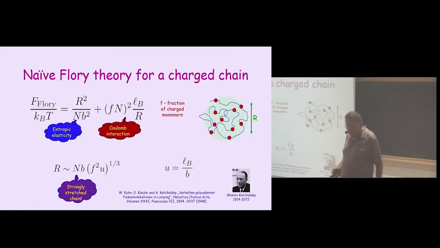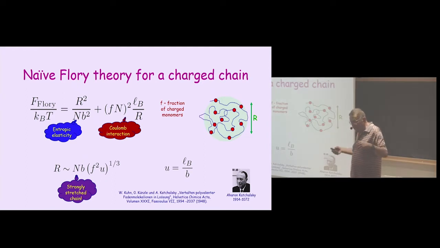Okay. So let's think. You guys are already well prepared. Of course, your first thought would be to do Flory theory, Flory theory for a single chain. You know how it works.